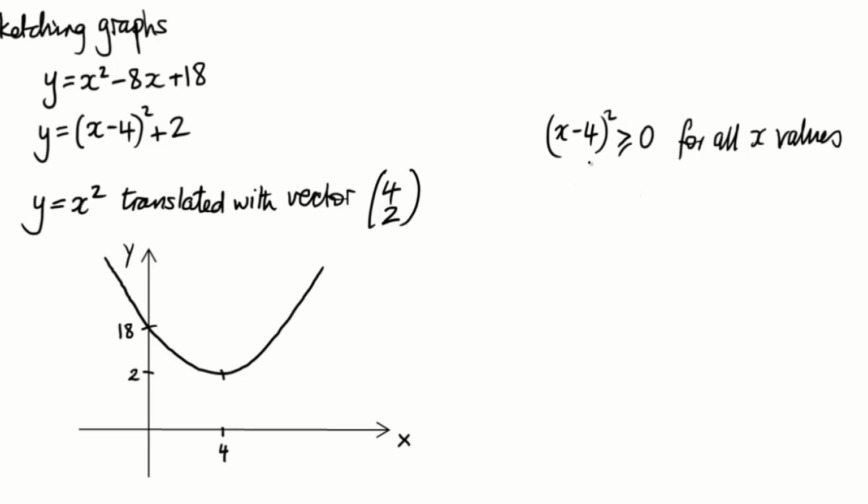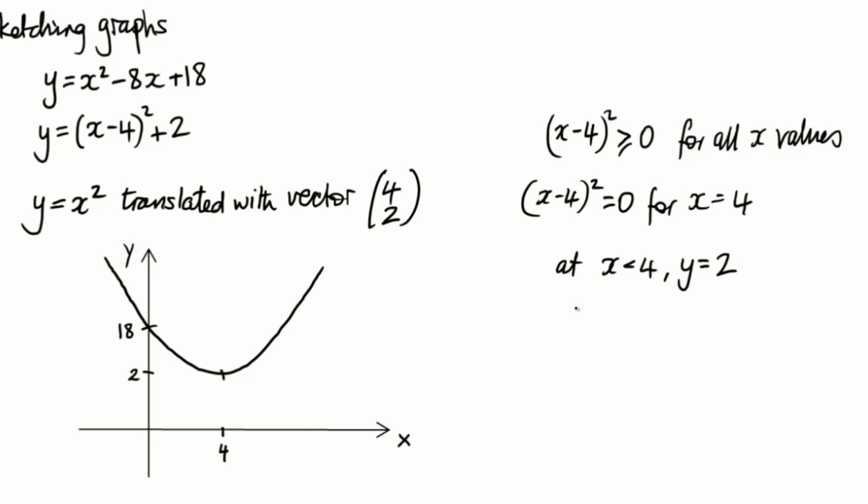So the smallest this expression is ever going to get is 0, when x equals 4. So when x equals 4, this whole expression is taking its lowest value, which is plus 2. So again, for the A-level students amongst you, there's a stationary point or a turning point at 4, 2, all without the need to differentiate.